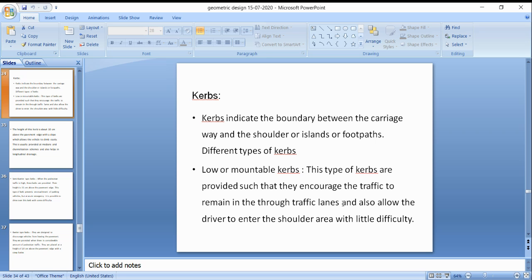The curb height is less compared to the road height.